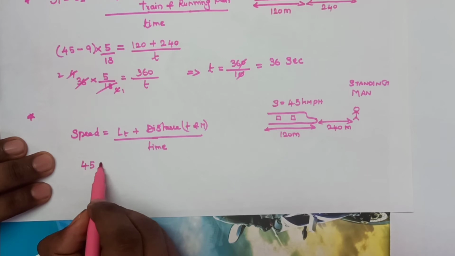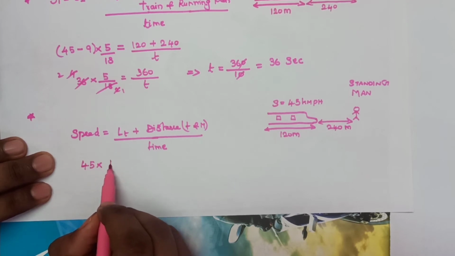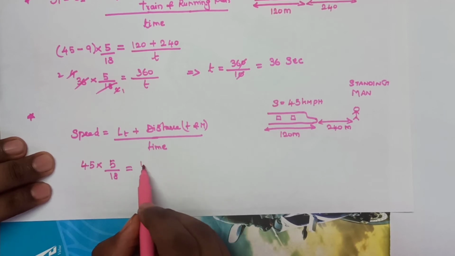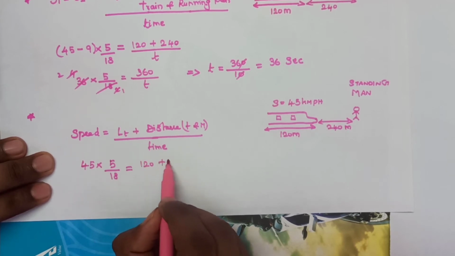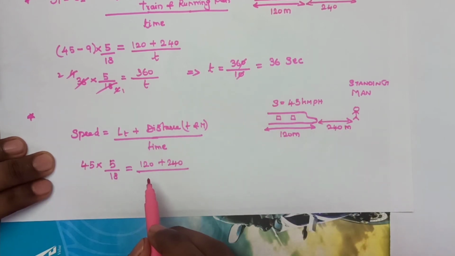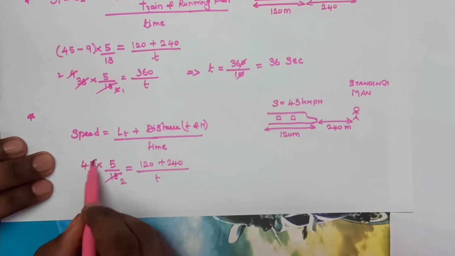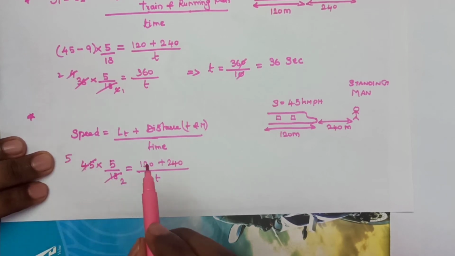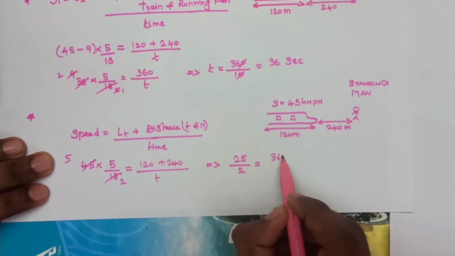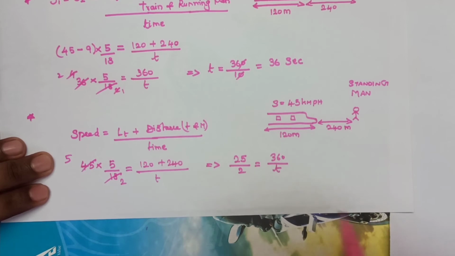Speed is 45, so in order to convert it into meter per second, just put 5 by 18 here, and L plus D is what? Train length and the distance in between man and train's front position, and then time we have to find. 2 nines are 18, 5 nines are 45, 5 fives are 25. 25 divided by 2, that is equal to 360 divided by t, right?